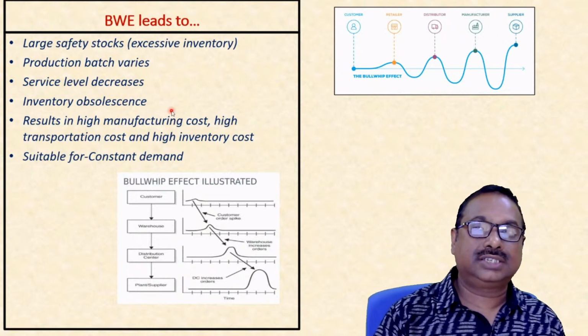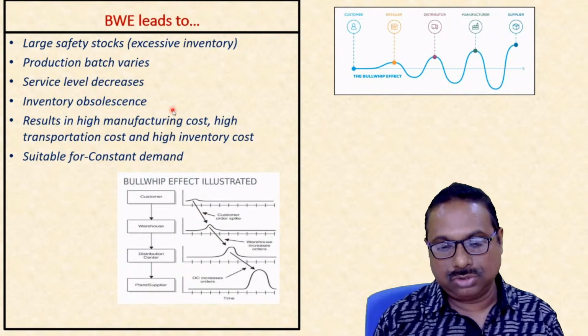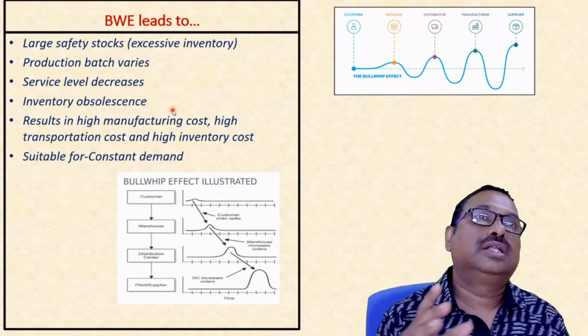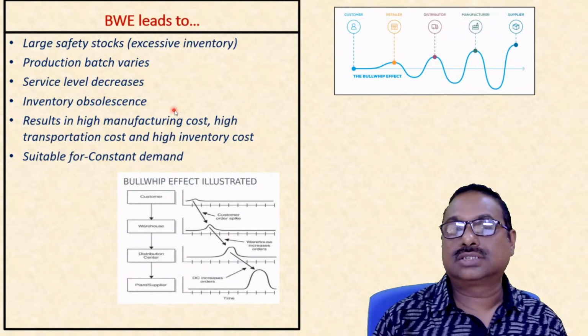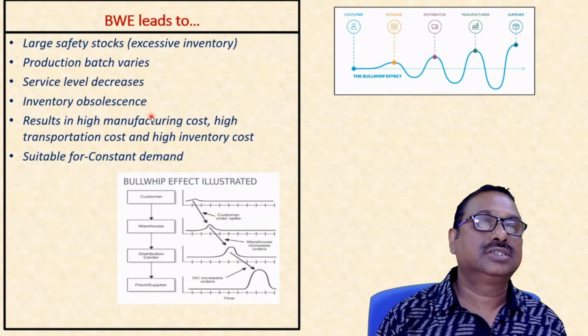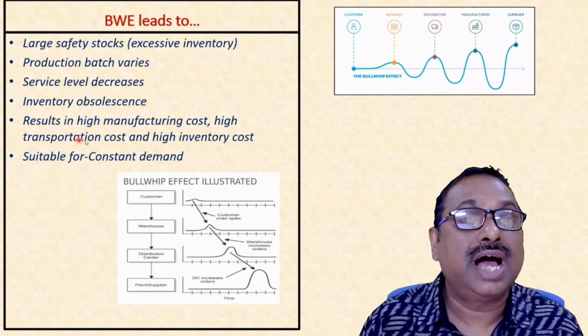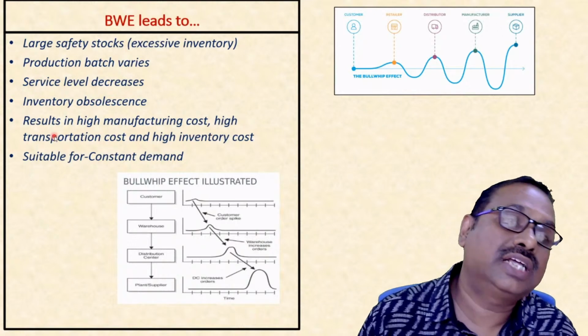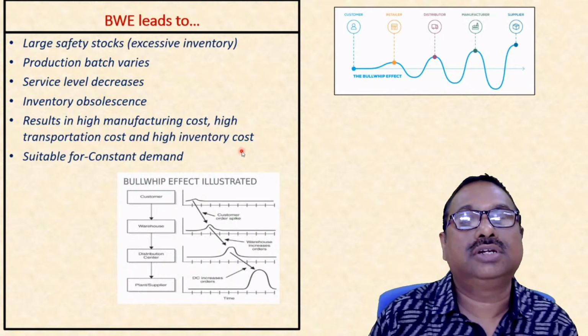Inventory obsolescence, because you are producing some and keeping it, and then alternate materials come. So it results in high manufacturing cost. Generally manufacturing cost increases, high transportation cost, and higher inventory cost.